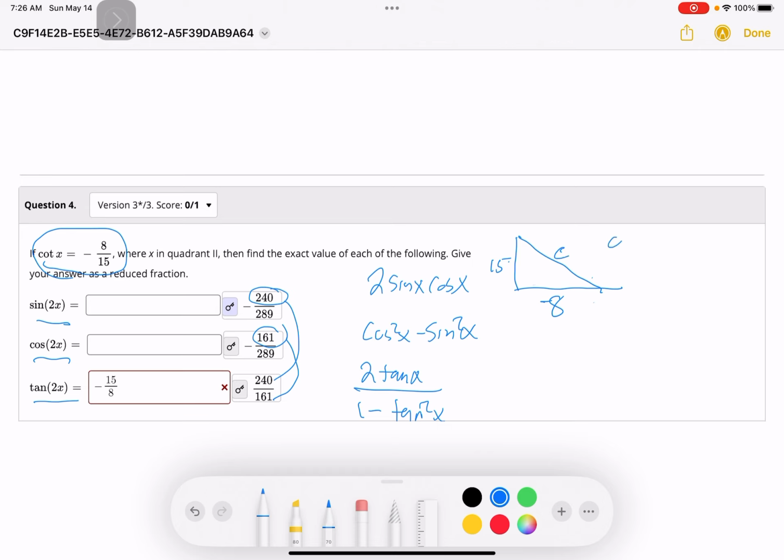So c squared is 15 squared plus negative 8 squared. So c squared is 225 plus 64. So c squared would be 289. So I believe that's 17, isn't it?